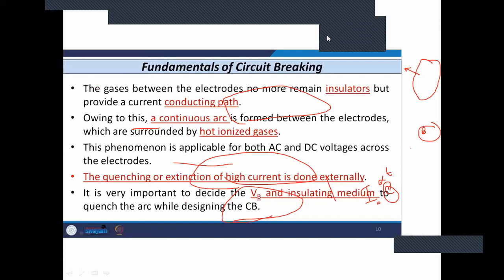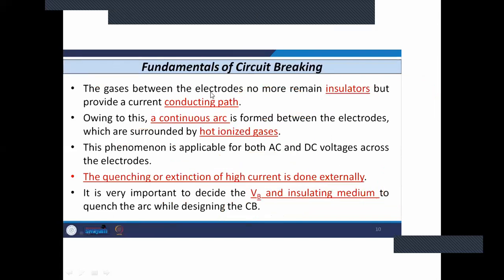So the gas between the electrodes no more remains an insulator, but provides a current conducting path. As we have a flood of ionized particles, the space between the electrodes is no more an insulator; rather it is converted to plasma, that is, ionized particles, and we call it the conductive path.